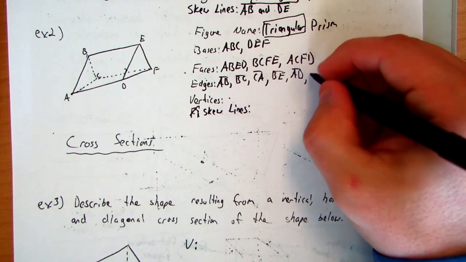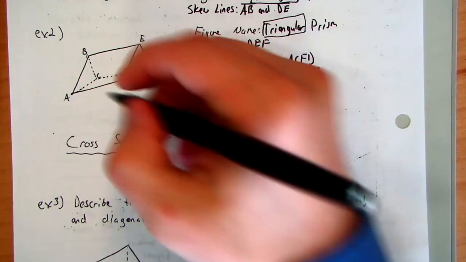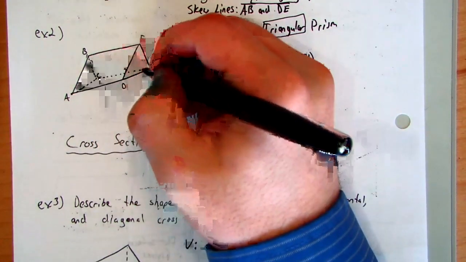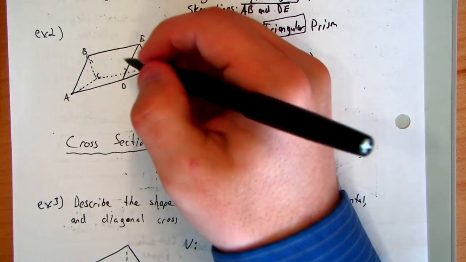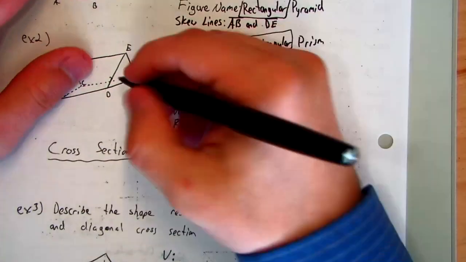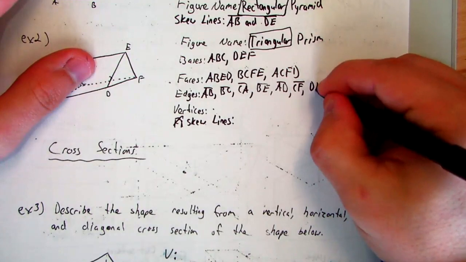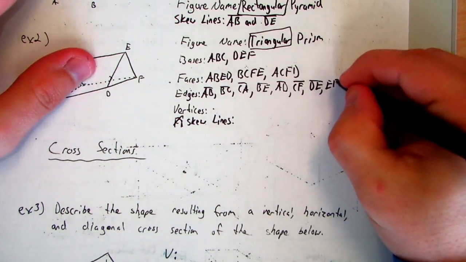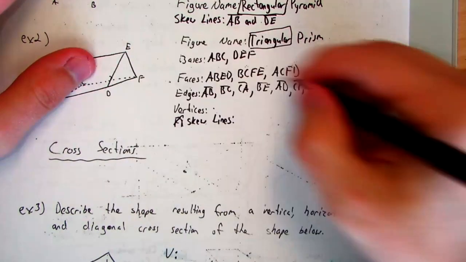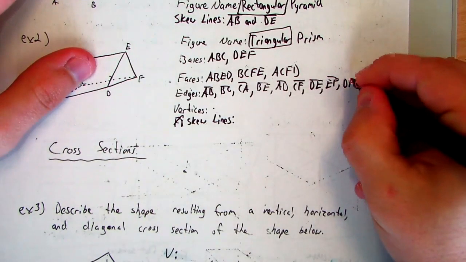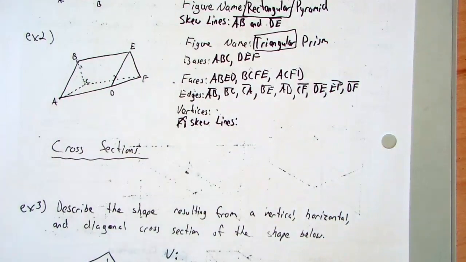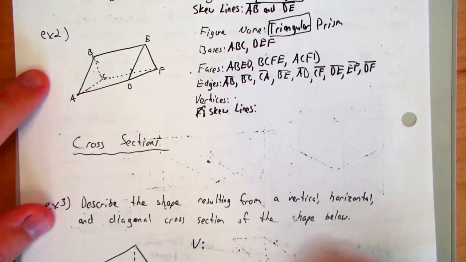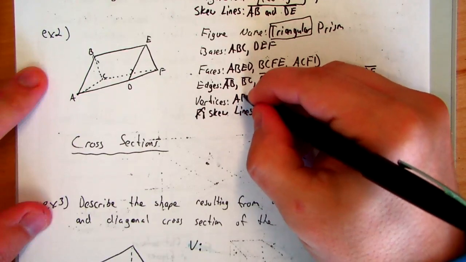And now this last triangle, we'd have DE. We'd have EF. And DF. A lot of writing. Vertices, all of the letters. We have A, B, C, D, E, and F, putting commas between to show that they are separate vertices.